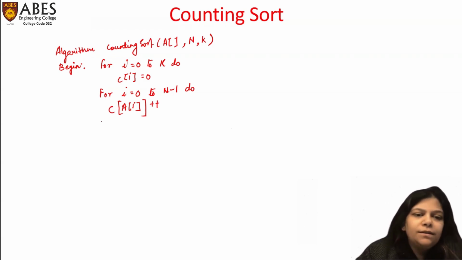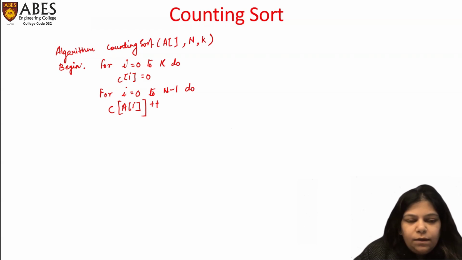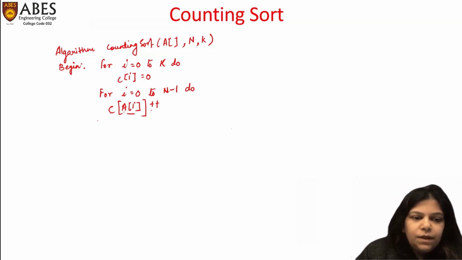So the index A[i] in the counting array will be incremented by 1 whenever we get that element in the input. If we are getting 7, then the 7th index will be incremented to 1. Then if again we get 7 in the input array, the index 7 will become 2, right?